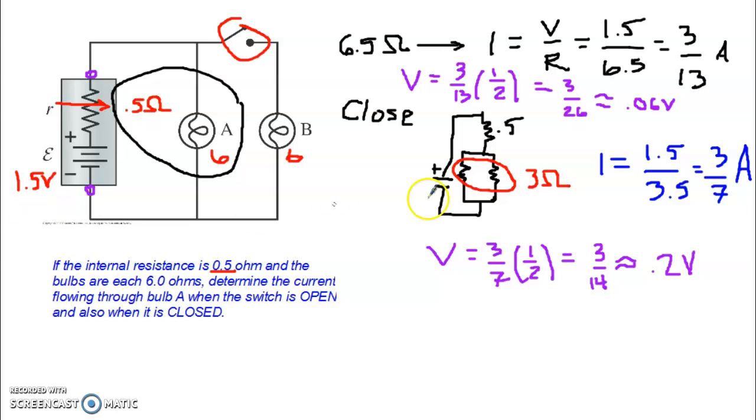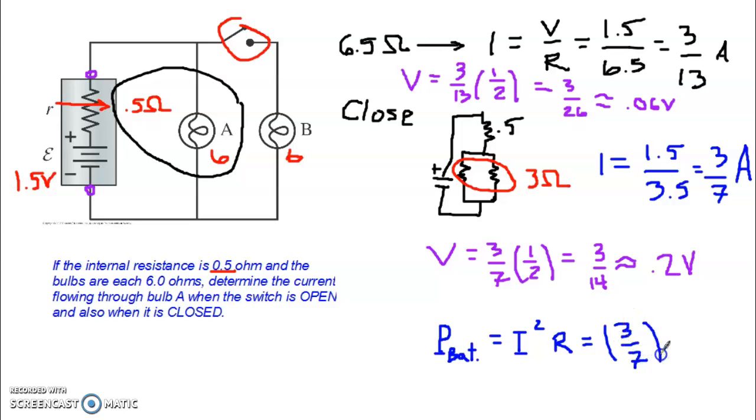One of the things that you might want to do in addition to this is figure out, all right, what is the power dissipation inside the battery? This is not doing anybody any good. It's just heating up the battery. It is lowering its lifetime and costing you money. So in this case, the easy one to do is I squared times R, because 1/2 is a nice fraction for the resistance, and I is 3/7. That's not easy to calculate in decimal form, but in fraction form, it's no big deal.